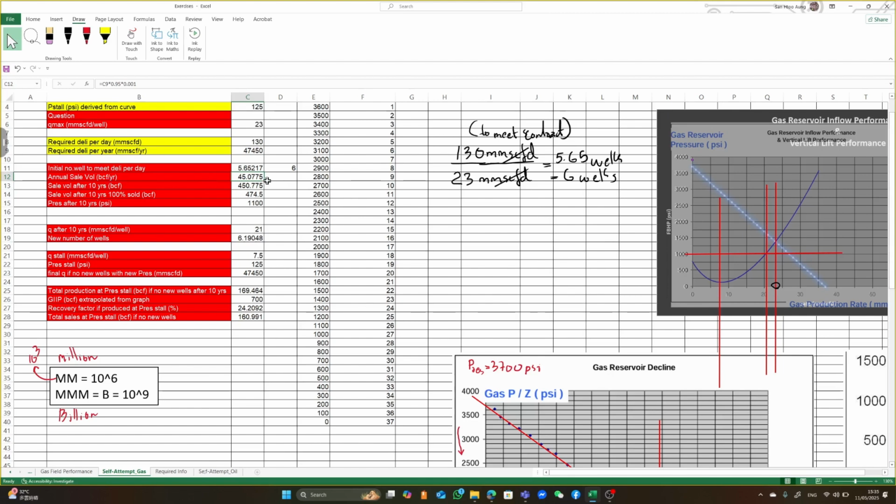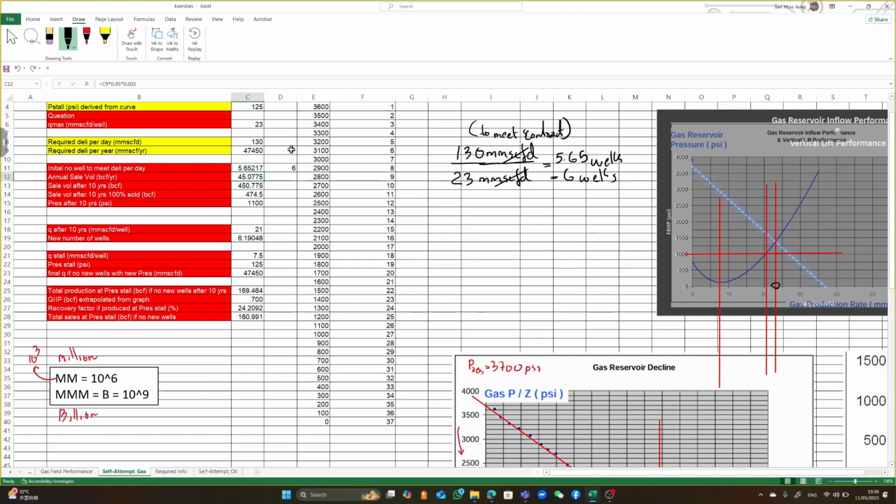is sold. This is what the oil executives are interested in: how much are we getting sold? This 45 is the amount getting sold per year. If you multiply this by the cash value, say how much 1 billion standard cubic feet is worth, maybe $1,000 or $2,000, you get an idea of how much you will be earning.